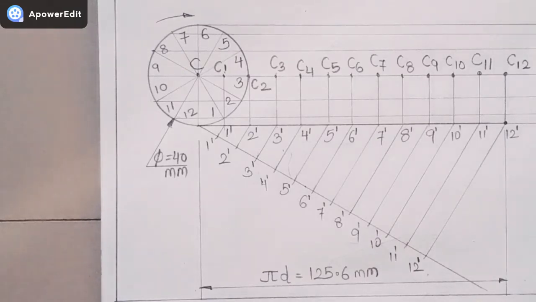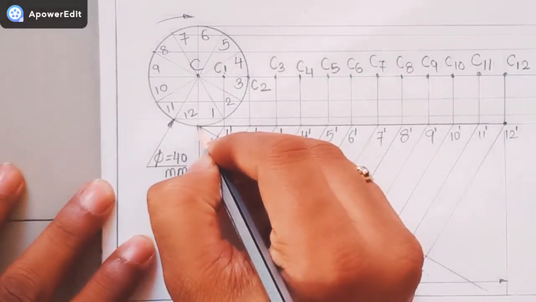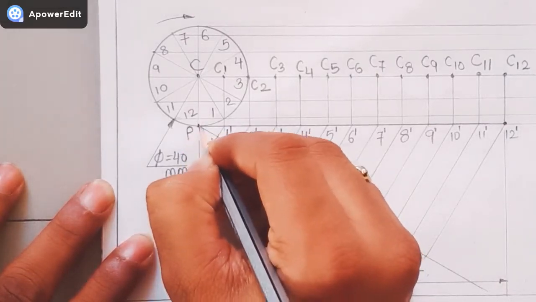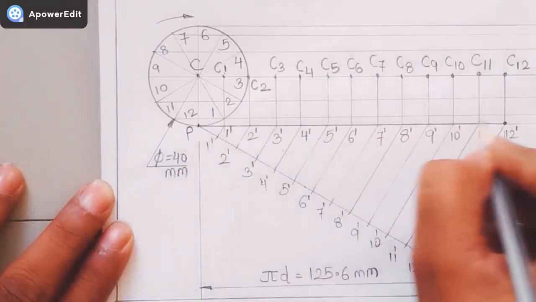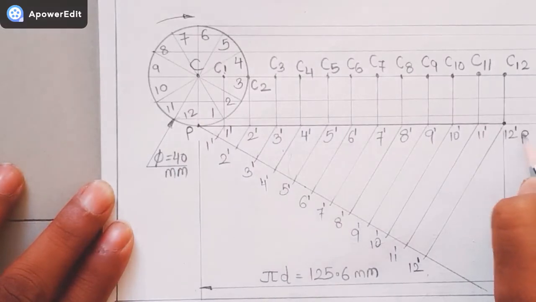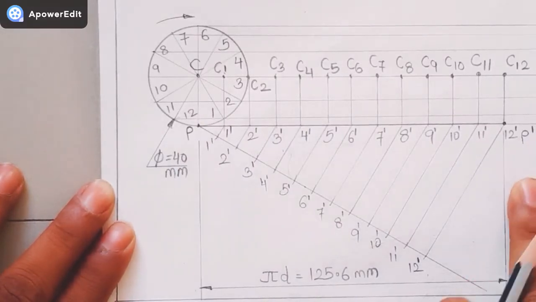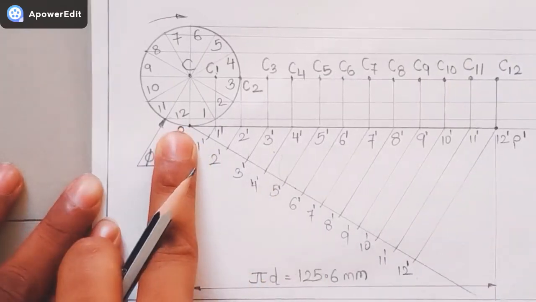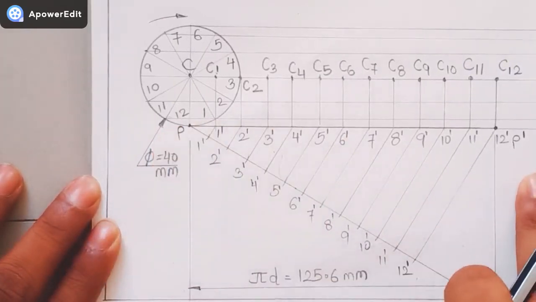It starts from this particular point where the circumference of the circle is starting, and it ends at this particular point where I have put this 12 dash, right? So P is the starting point and P dash is the ending point.